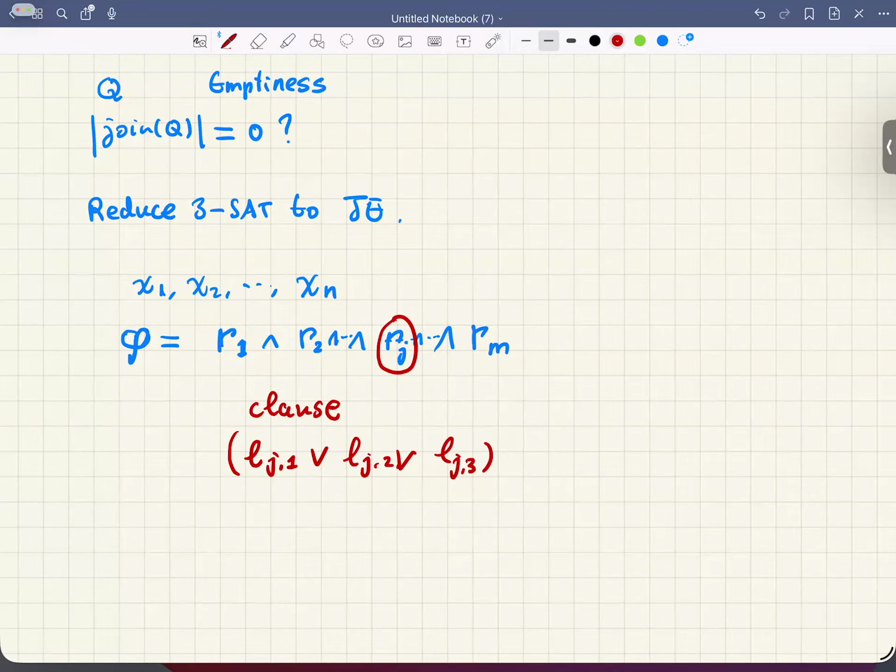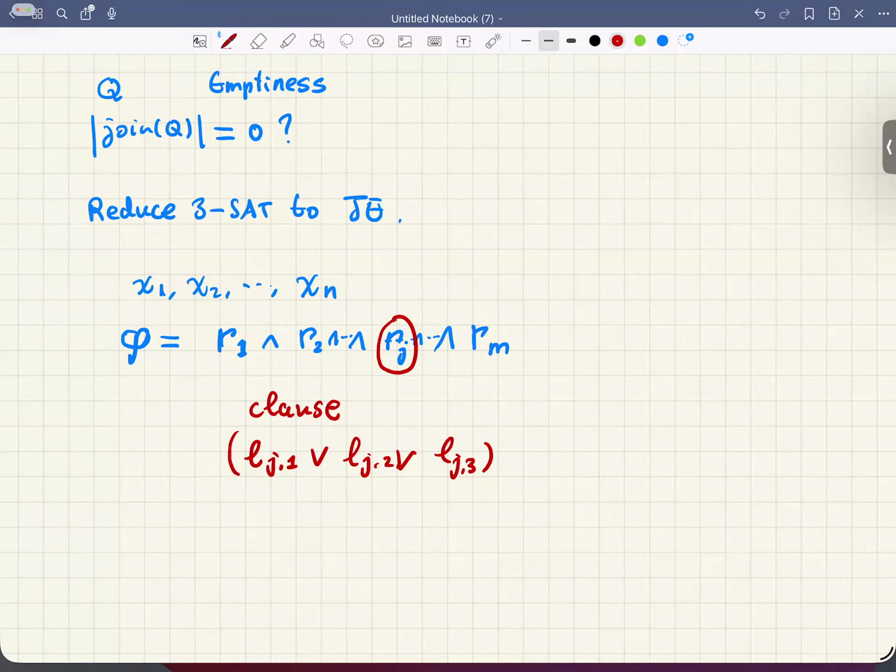So if any of these expressions is true, then this gamma j is true. But all the gamma j's will have to be true for this phi to be true. In that case, we say that phi evaluates to 1, which means phi is satisfied.